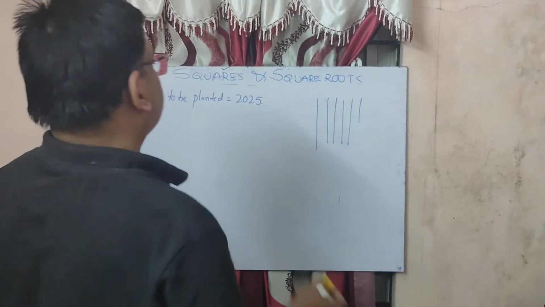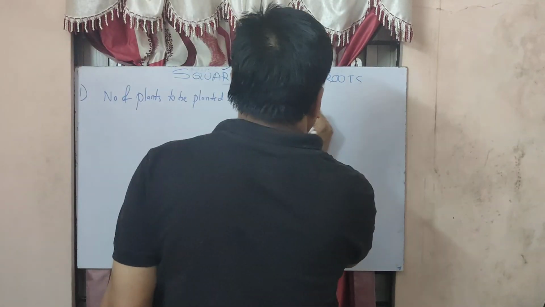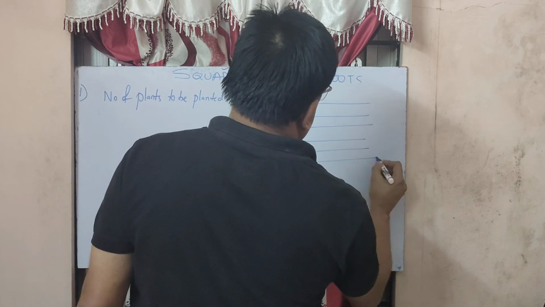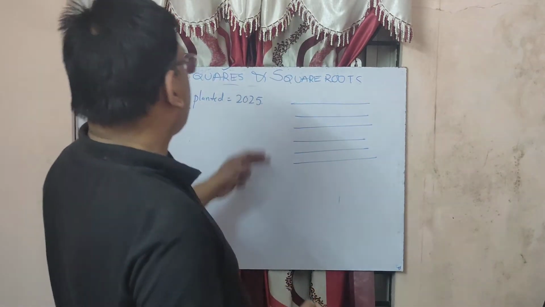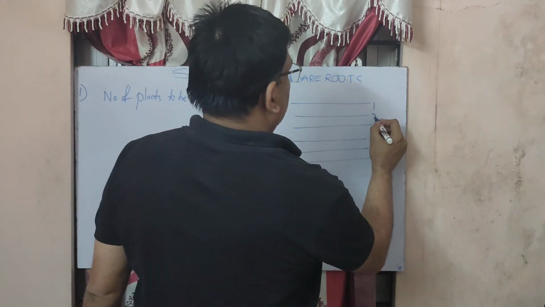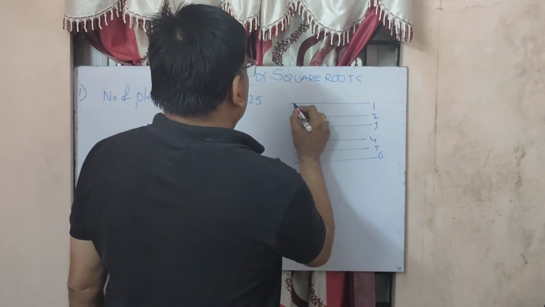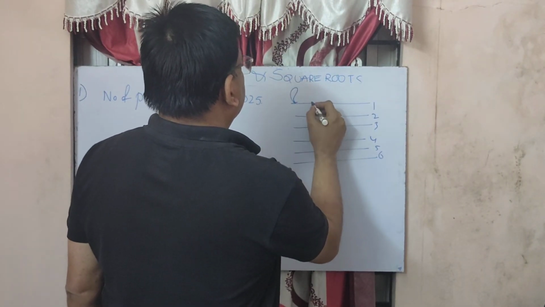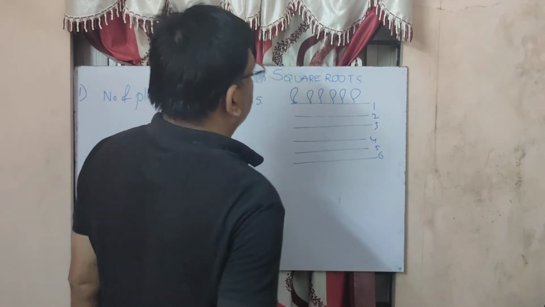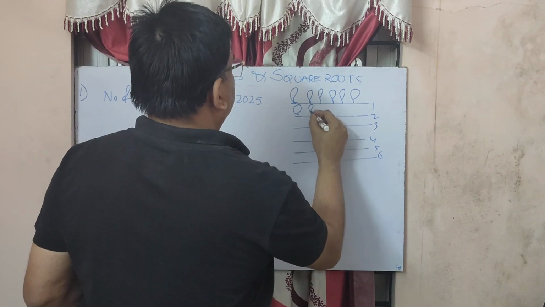Now what is a row? A row is horizontal. So if the number of rows is 6, for example, then in each row only 6 plants could be planted. 6 rows, 6 plants in each line.